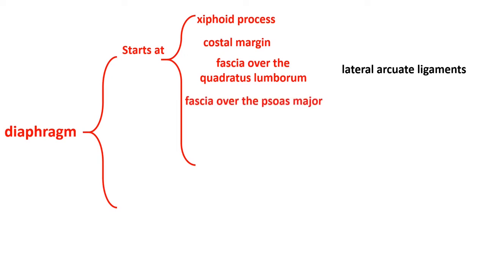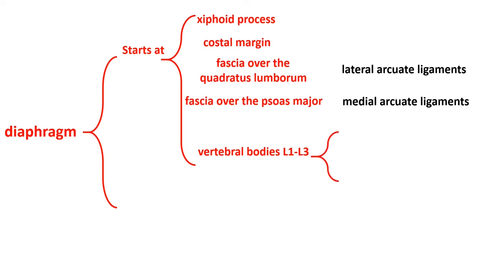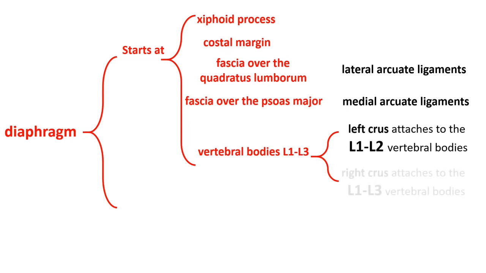Then the fascia over the psoas major, the medial arcuate, and it is the medial arcuate ligaments. And then the vertebral bodies of L1, L2, and L3. These are going to make the crura. The crura is the plural of a crus. So the left crus is coming from L1 and L2, while the right crus is coming from 3 lumbar vertebrae.